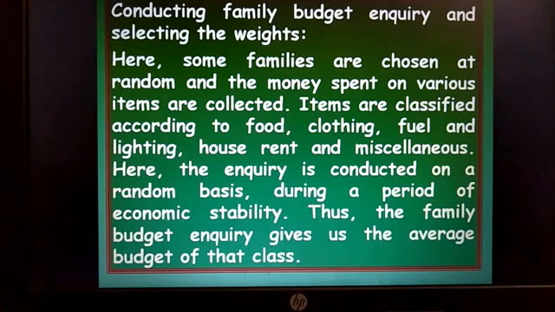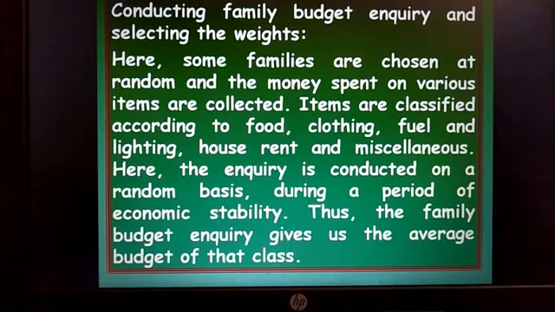After confirming those many aspects, next thing comes conducting family budget inquiry and selecting the weights. We need to visit the families and their budget inquiry has to be done. That is what is the meaning. And selecting the weights. Which weights have to be applied, we may have to select and finalize.